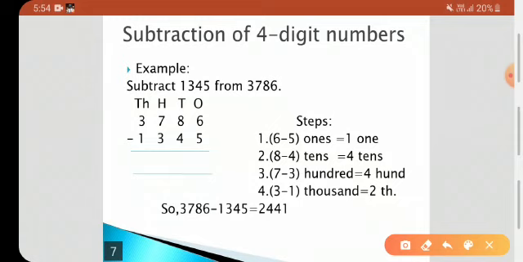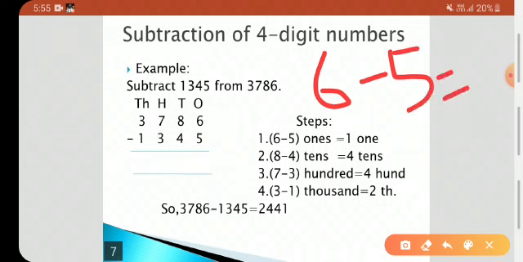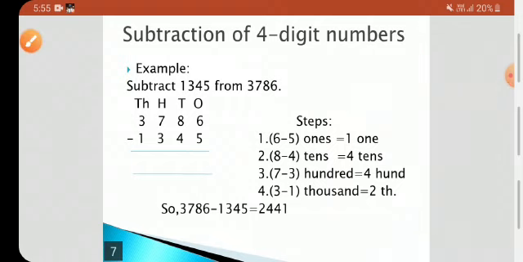Now start subtracting ones first. We have to subtract ones first. That means 6 minus 5. What will come the answer? 1.